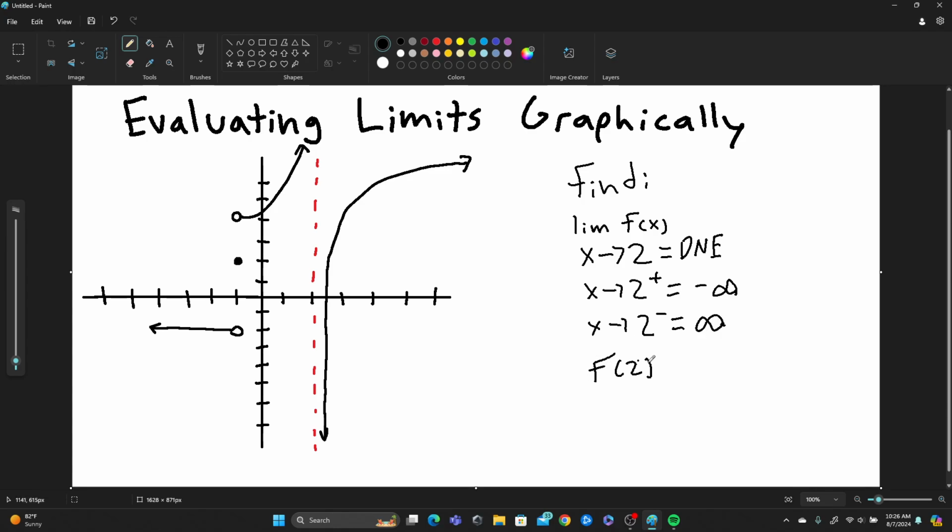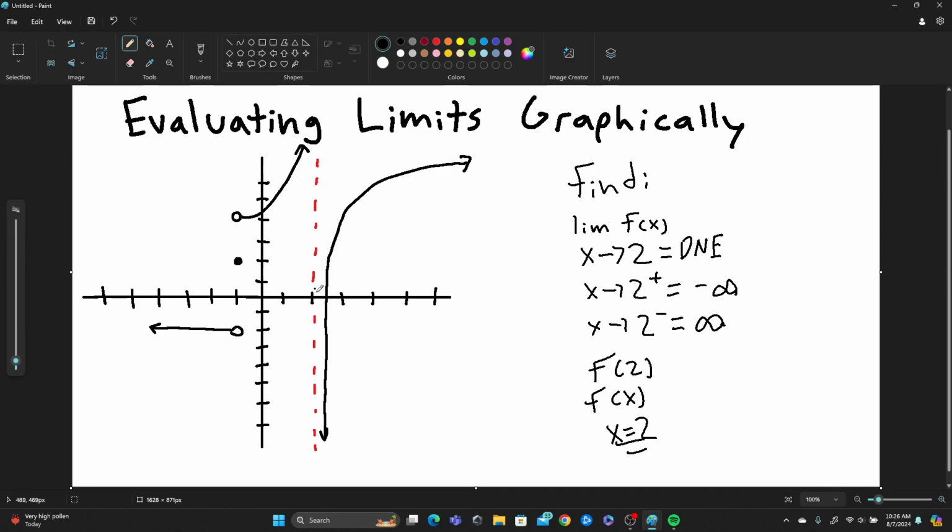Finally, we have f of 2. Because it's f of 2 instead of f of x, that means x equals 2, right? Because we replaced the x with a 2, that means they're equal to each other. So x equals 2. So that means we go to the real point on the graph, right? We'd be looking for a closed circle or a point on the graph where x equals 2.